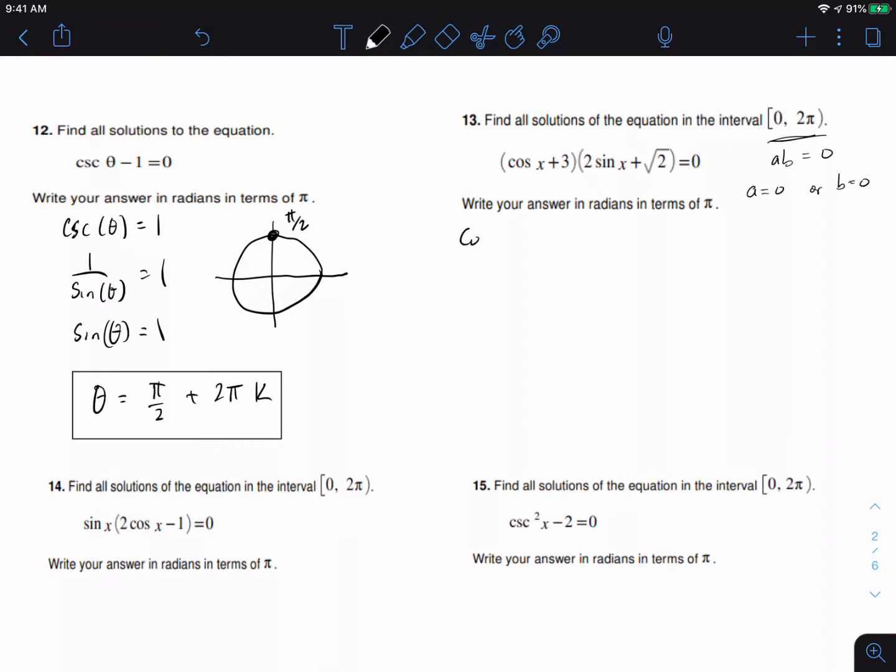So I'm going to look at, all right, cosine of x plus 3 is equal to 0, and 2 sine of x plus radical 2 is equal to 0. And this is a 3, I just want to make sure that's a 3. So then cosine of x is equal to a negative 3. Well, on the unit circle, when is cosine of x ever equal to a negative 3?